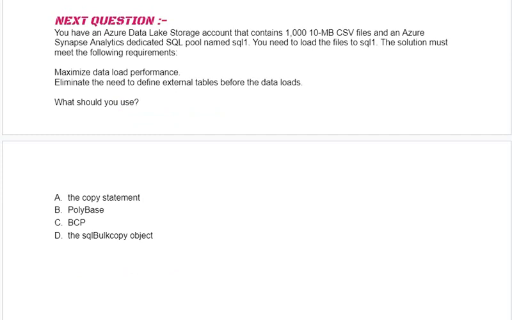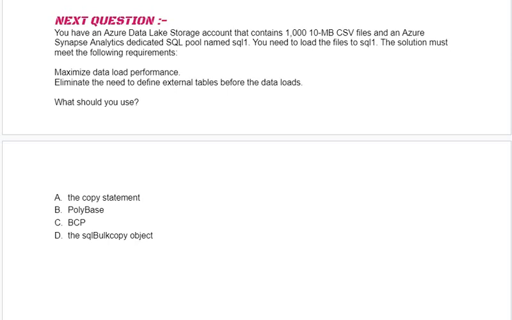Next question is, you have an Azure Data Lake storage account that contains 1010 MB CSV files and an Azure Synapse Analytics dedicated SQL pool named SQL1. You need to load the files to SQL1.